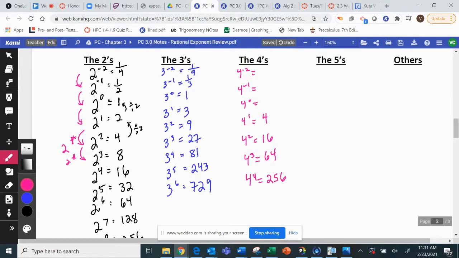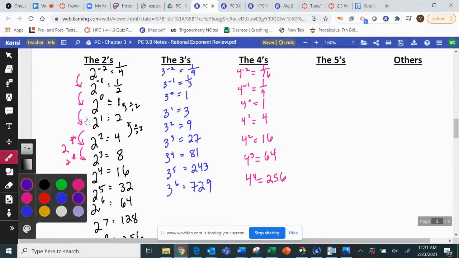Now we could keep going, but typically if it's higher than that, it will be on a calculator question, where these would all be non-calculator questions. I'm going to go backwards. I'm going to divide by 4. So this one would be, nope, not 0, lied. 1, and then 1 over 4, and then 1 over 16. All right, the 5's.